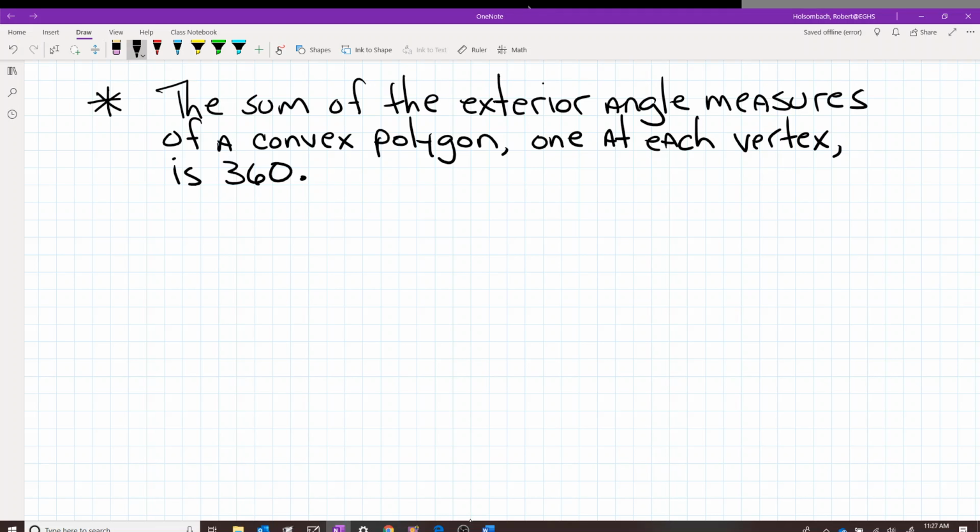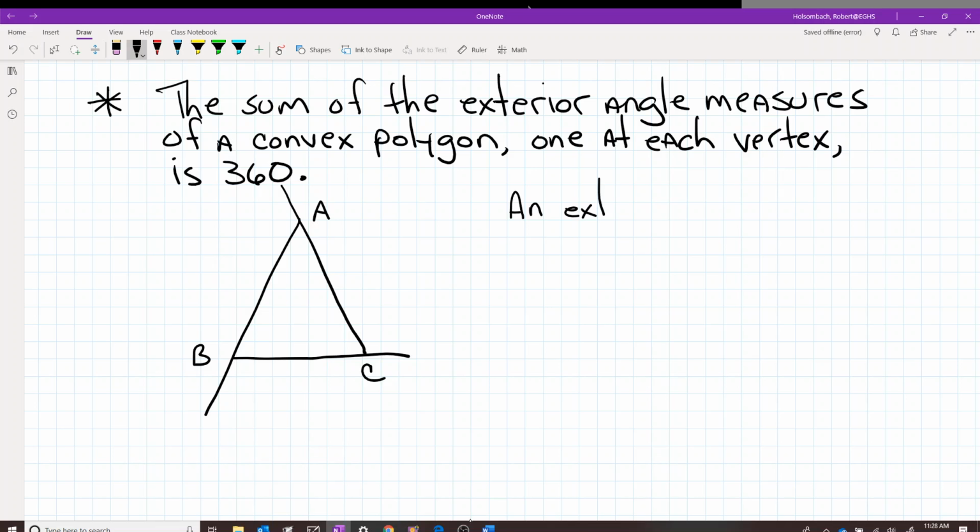So let's draw this triangle here and get a visual of this. All right, we've got triangle ABC here. And let's make sure that you understand what an exterior angle is.